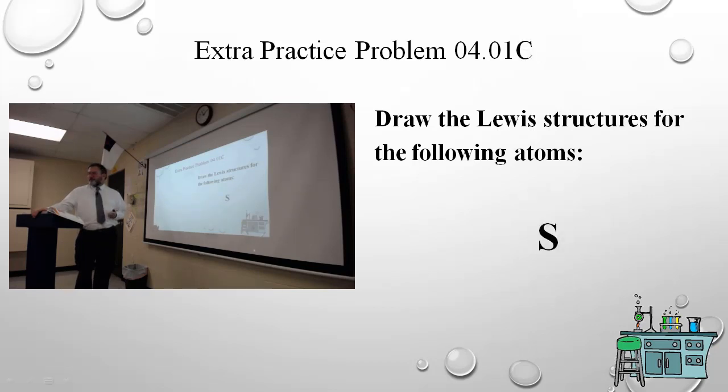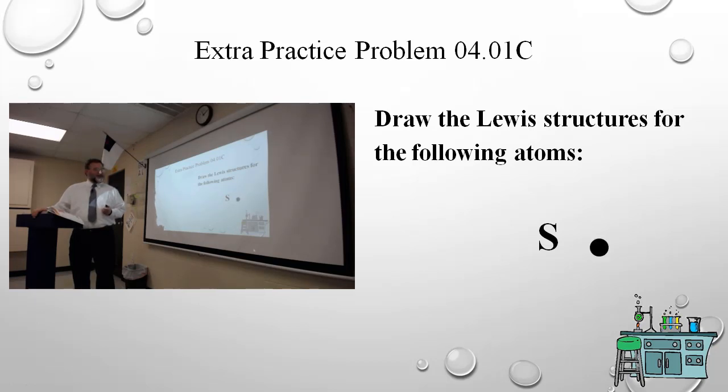S, sulfur. Where's it located, ma'am? 6A. Column 6A. How many valence electrons? 6. So where are they going to be placed? Let's just walk around it, okay?